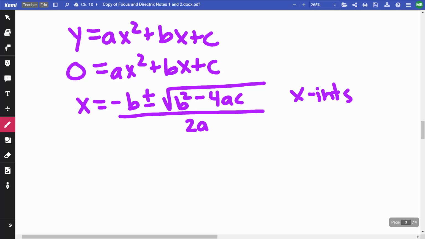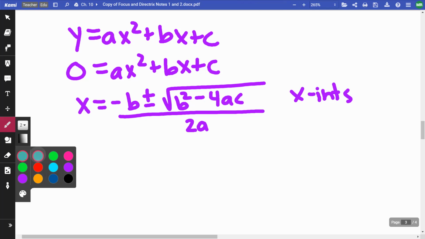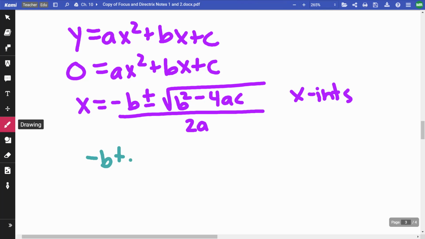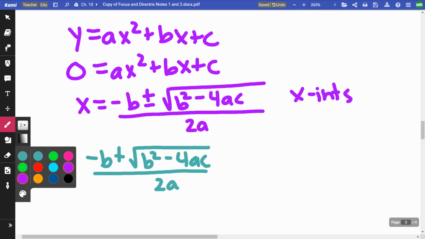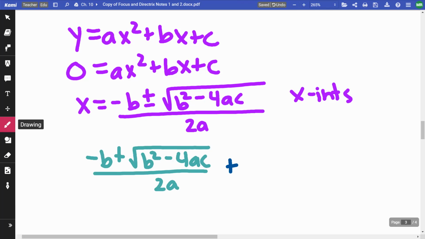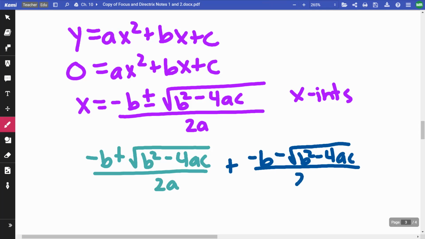So to find my vertex, I average my x-intercepts. I add them up and divide by 2. I'm going to take my two x-intercepts, one of them being negative b plus the square root of b squared minus 4ac all over 2a, the other one being negative b minus the square root of b squared minus 4ac all over 2a.